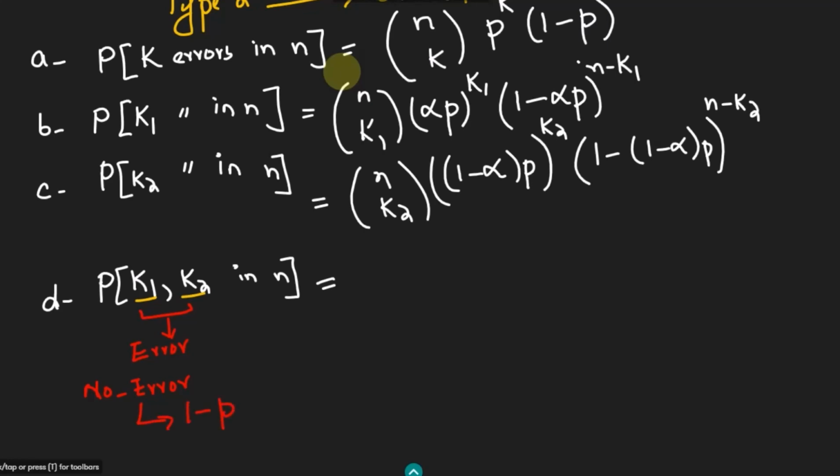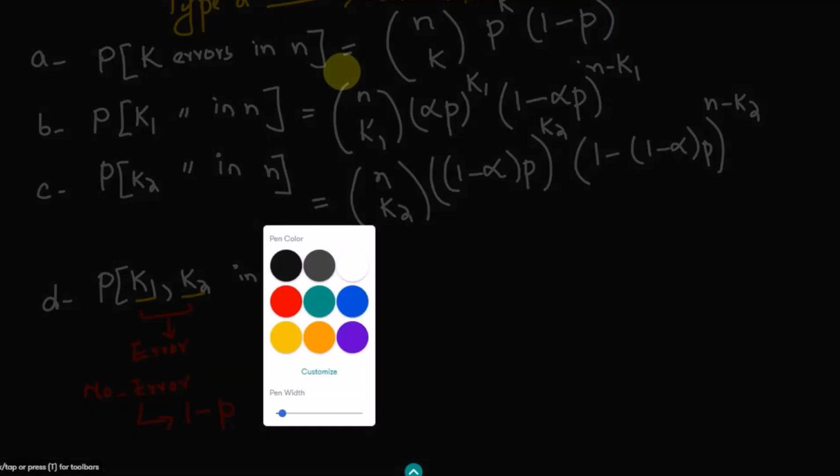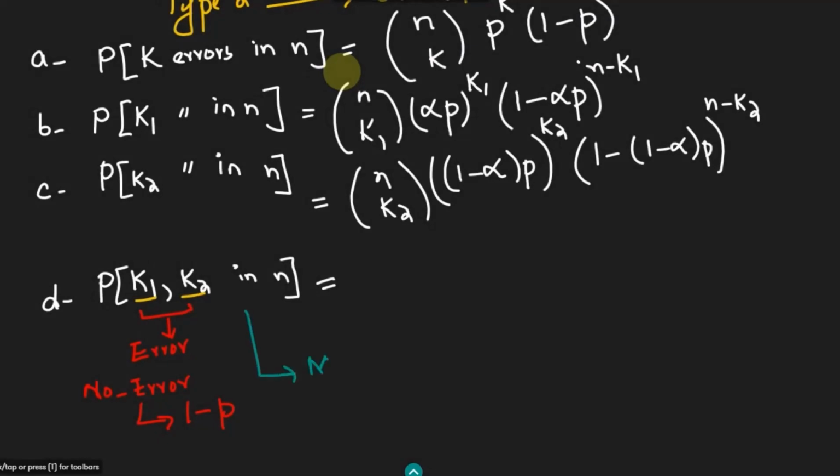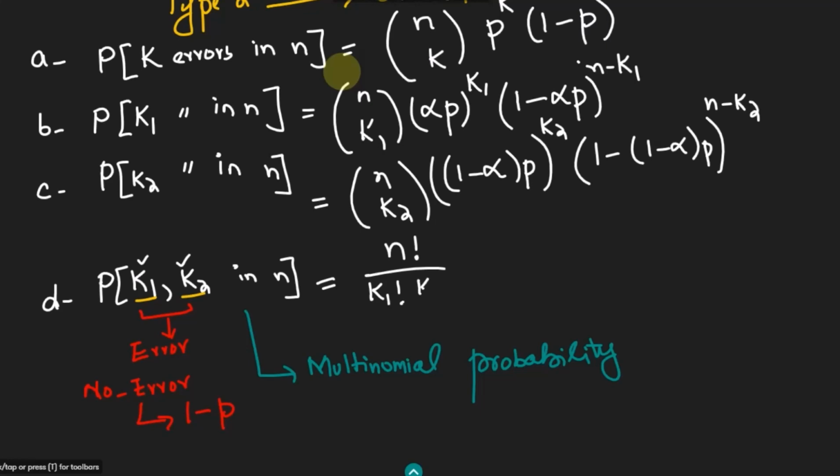So now writing all these terms here, the problem becomes a problem of multinomial probability. For the multinomial probability, we have the total number of operations n, so taking n factorial, the first type we have is k1, so writing k1 factorial. Similarly, k2 factorial, and we have another type, which is no error.